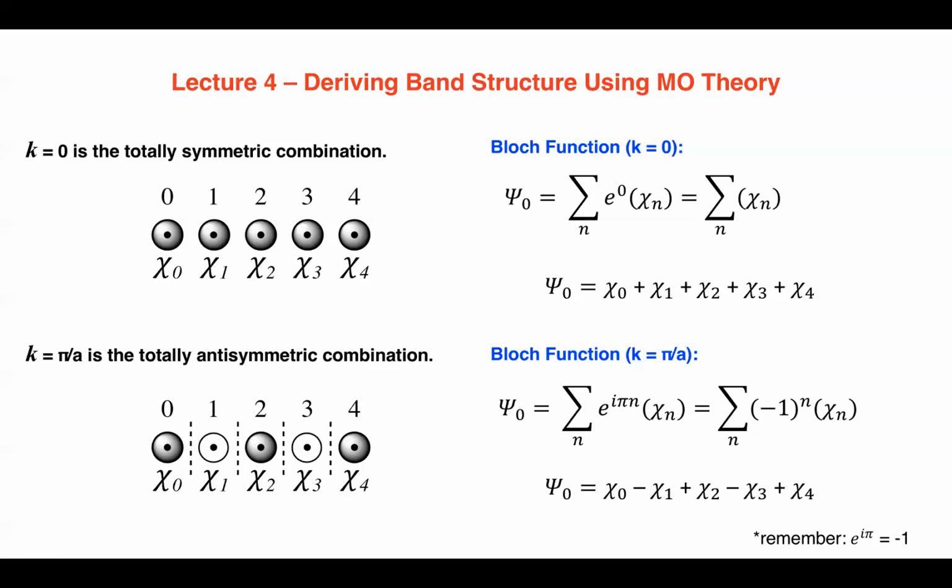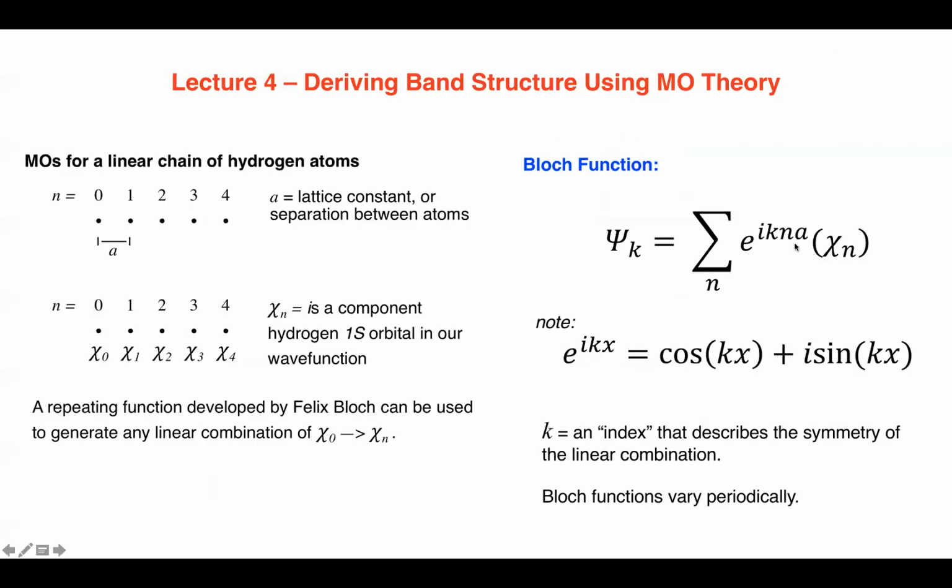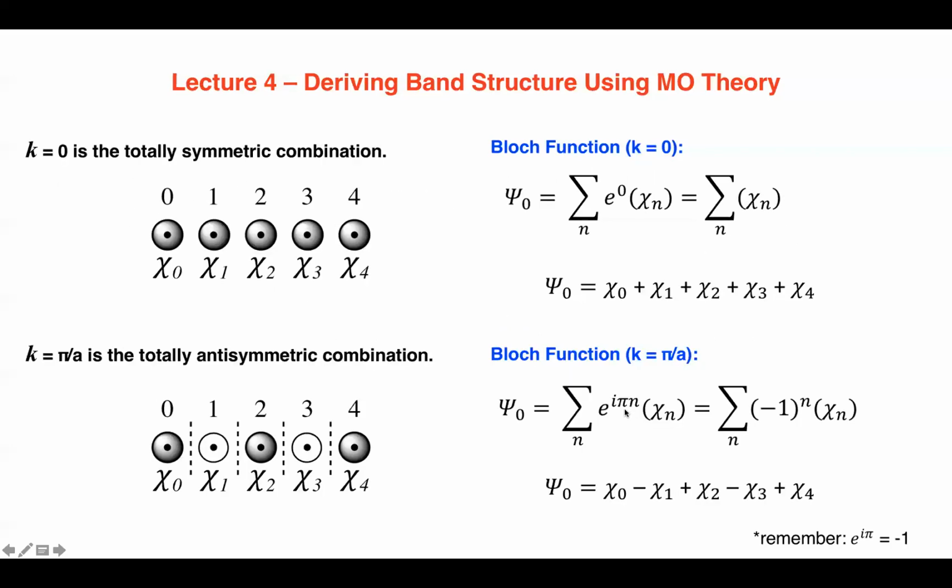So now let's do it where k is equal to pi over a. You take this pi over a and stick it into the exponent, which has an a in it. So we're going to just cancel the a's and stick a pi in there for k. So now we have e to the i pi n.